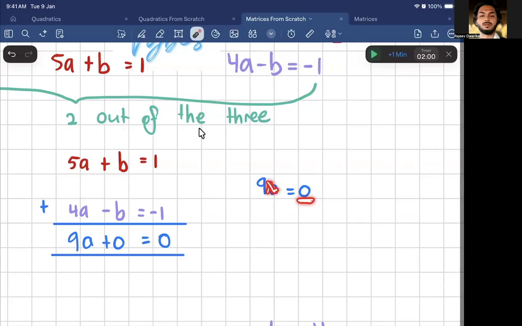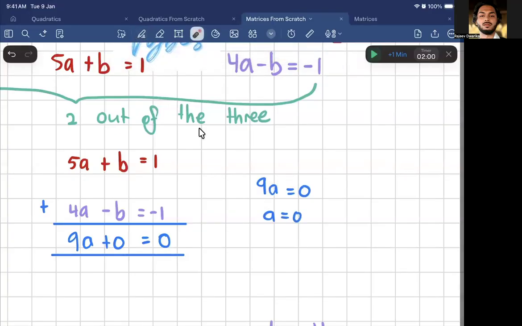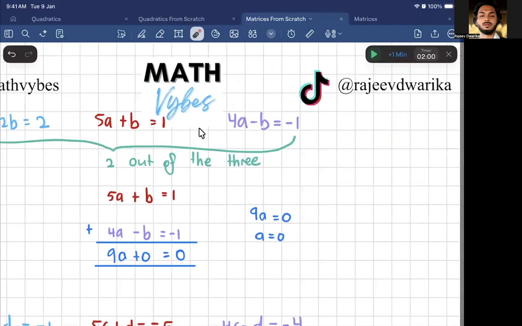What by 9 is 0? 0. So a is automatically 0. We're trying to figure out 9 by what is 0. Christian, 9 by 0 is 0. Yes, sir. So if a is 0, 9 by 0 is 0. That checks out. So a is equal to 0.